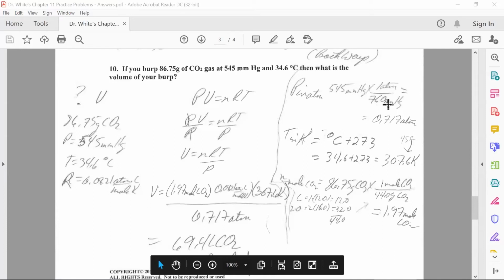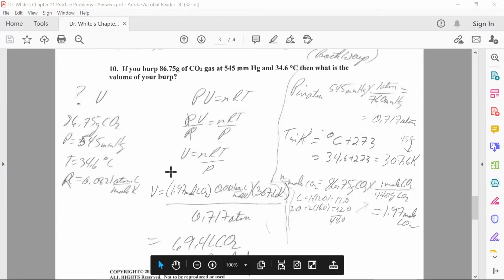Where do you get this? These numbers, important information. I remind you, 1 atmosphere equals 760 millimeters of mercury, and it also equals 760 torr. And these are exact numbers, 3 significant. My answer is 3 significant. Don't put millimeters or torr here. It has to be pressure in atmospheres.